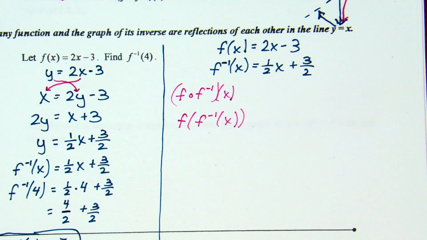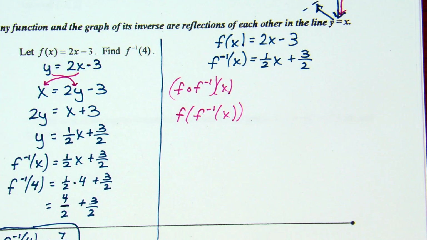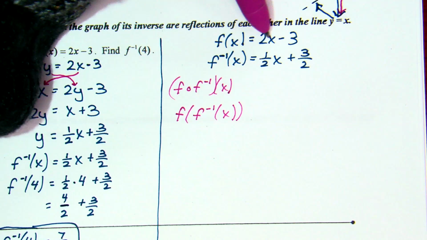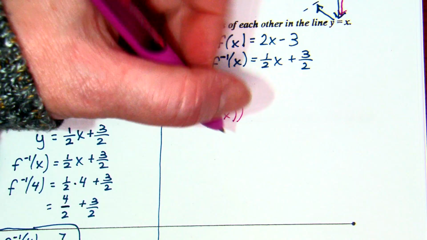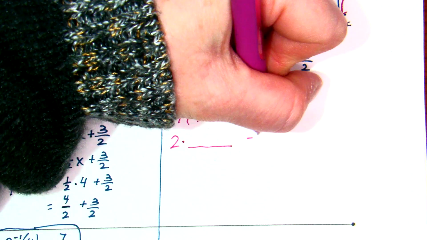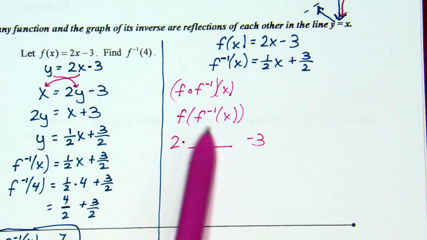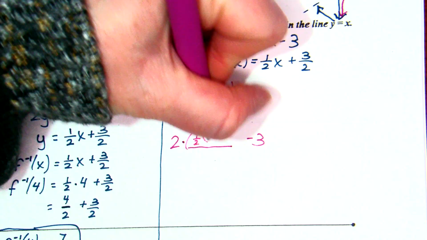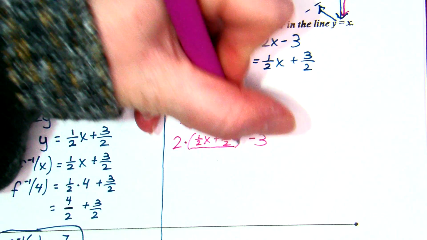And what it means is that we are plugging f inverse into f. So f is 2x minus 3, right? So that's my function, 2x minus 3. So 2 times something minus 3. What am I putting in for x? Whatever f inverse is, which is 1/2 x plus 3/2.